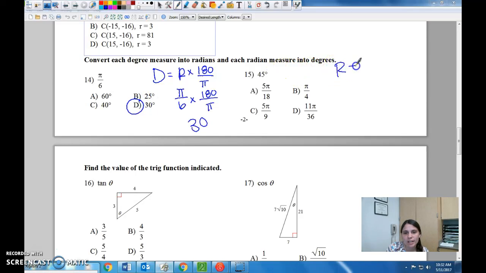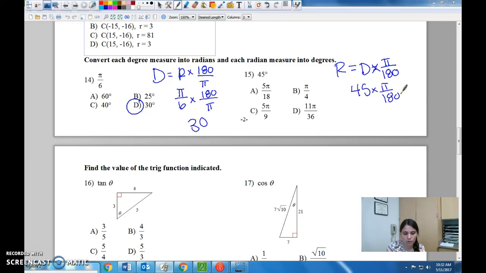Versus when we're going into radians, radians is equal to degrees times pi over 180. So it's backwards of this. So I have 45 times pi over 180. I will actually, when you take your final, give you the decimal version on the board.